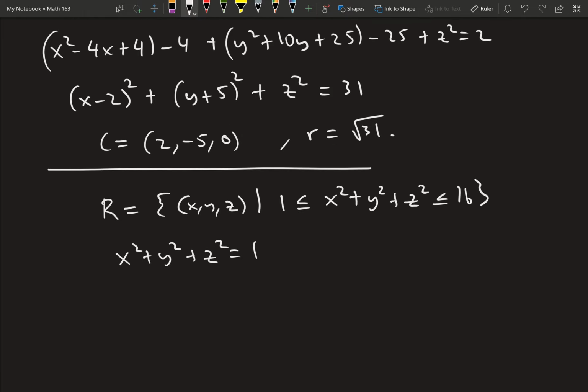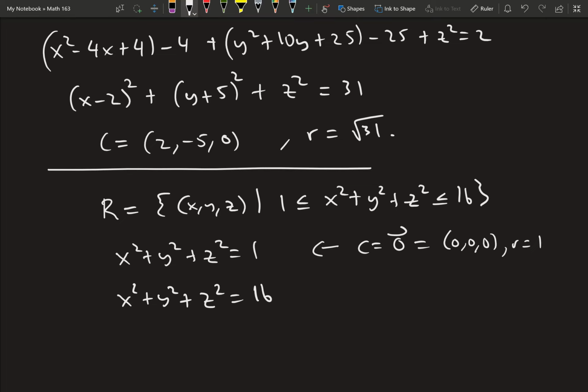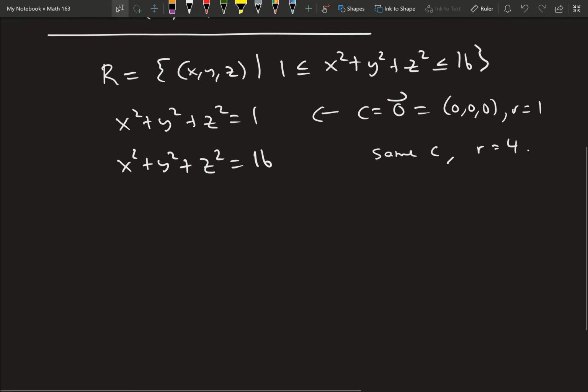This equals 1 and this equaling 16. So here we have a center 0, we're just going to use 0 hat for 0, 0, 0. And R is 1. It's the same center here, centered at the origin. R is 4 here. So it's between the sphere of radius 1 and the sphere of radius 4.